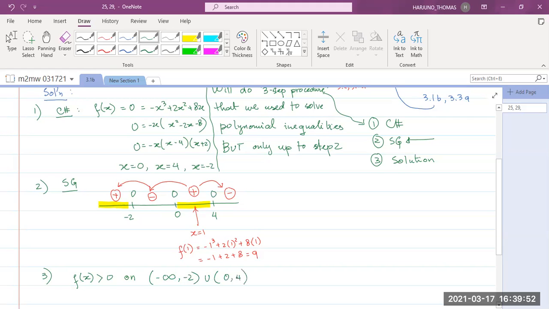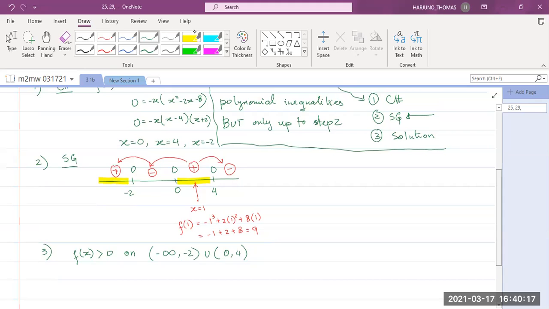Now mind you that when we graph this later on, I will have a follow-up question from there. Once we have the sign graph, we will be able to sketch the graph, with the x-intercepts and y-intercept, and how the graph behaves above or below the x-axis. Okay, now continue.